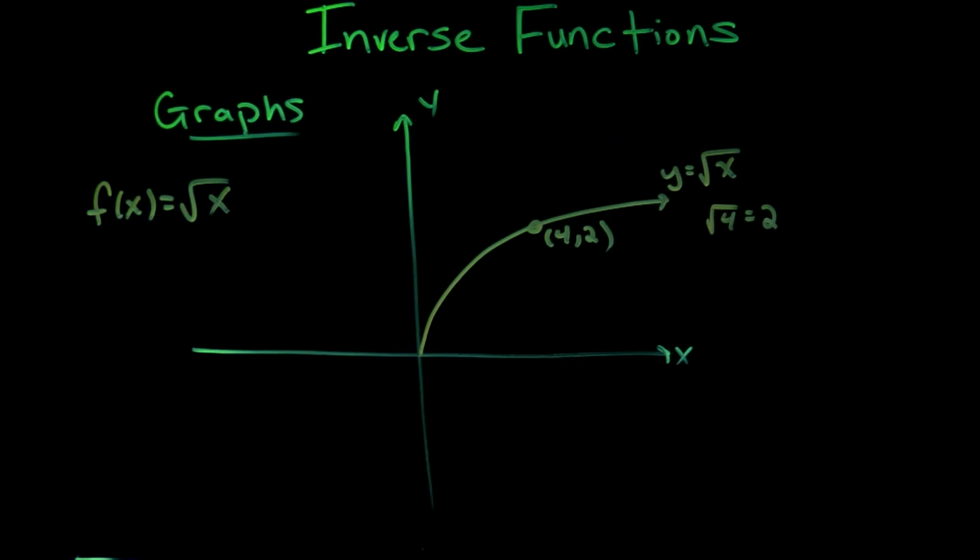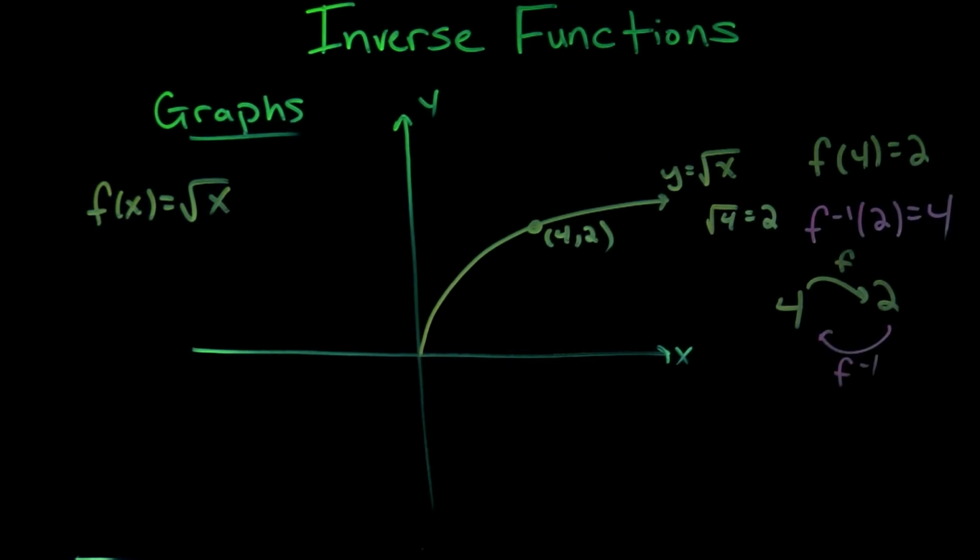So if we have the case that f of 4 is equal to 2, then it has to be the case that f inverse of 2 equals 4, because we think about the inverse function as reversing the action of f. So if f sends 4 to 2, f inverse will send 2 to 4. In other words, the point 2 comma 4 has to be on the graph of our inverse function.